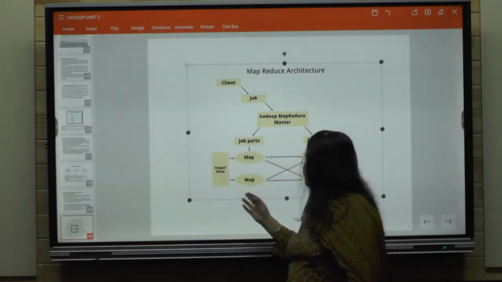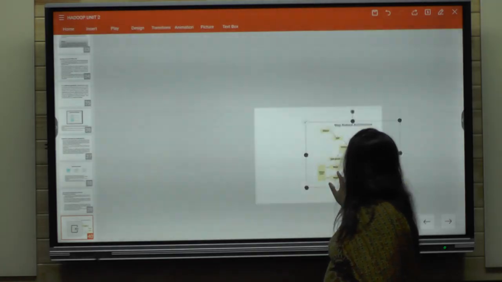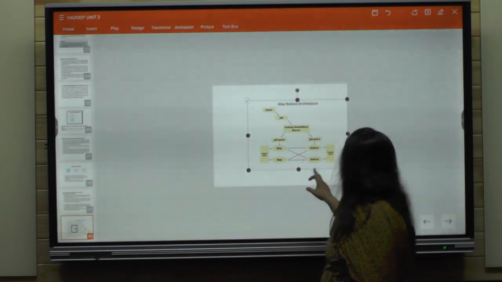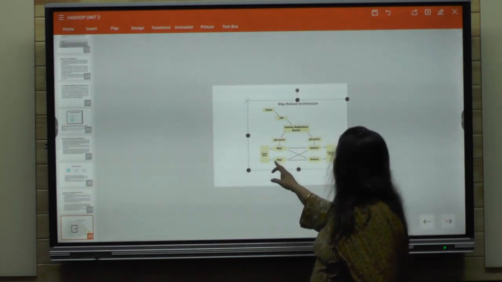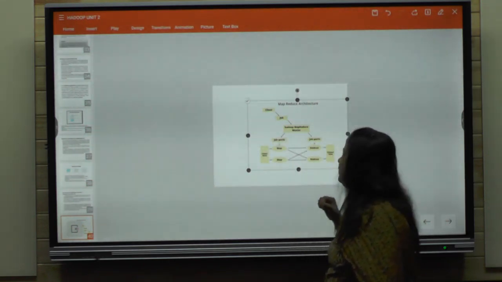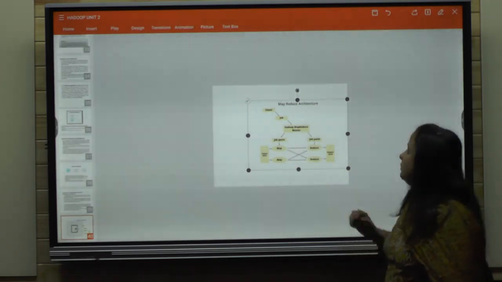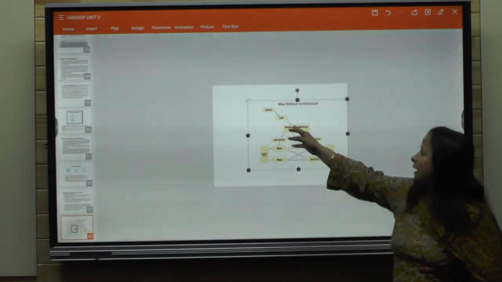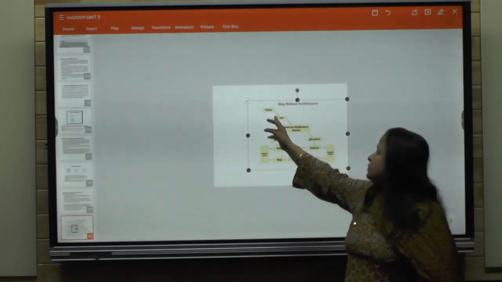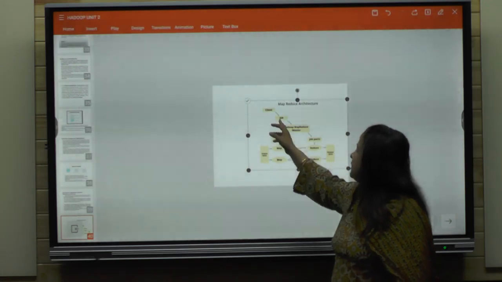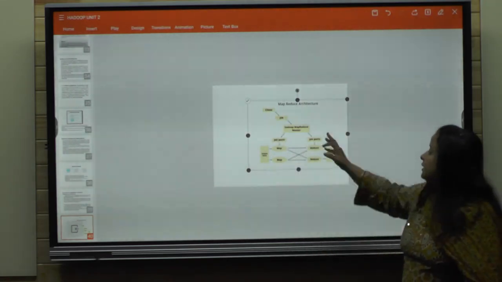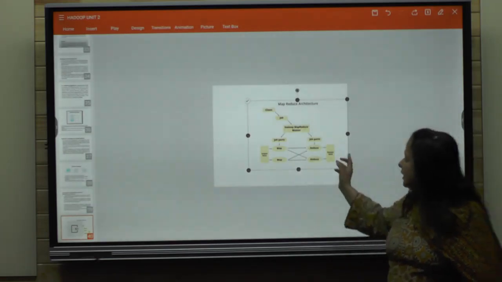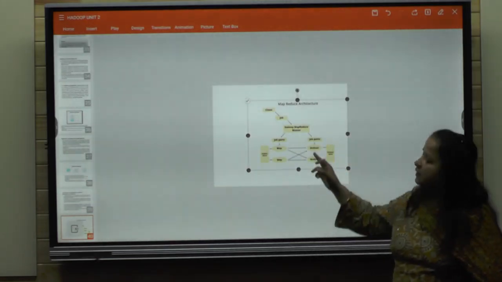This framework we are familiar with because it is the diagram of mapper and reducer function. But if we talk about the whole MapReduce architecture, in it client is also associated with it. Then client assigns the job to the Hadoop framework. Then Hadoop MapReduce master changes it to the small parts, and then the same processing is done.